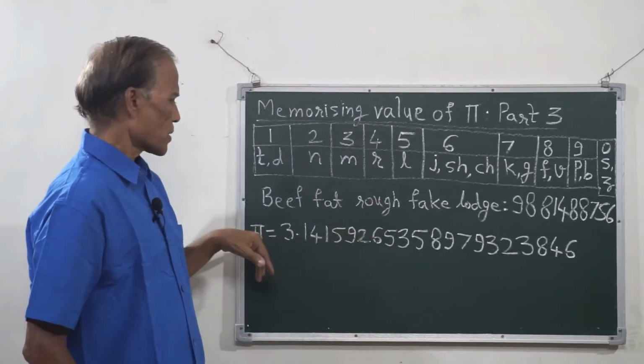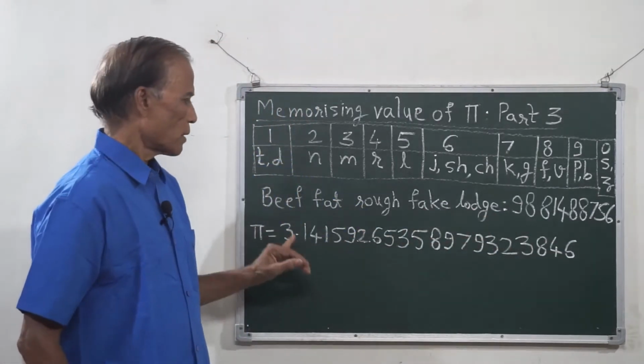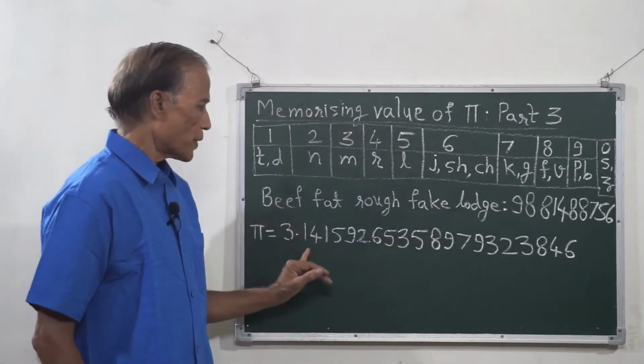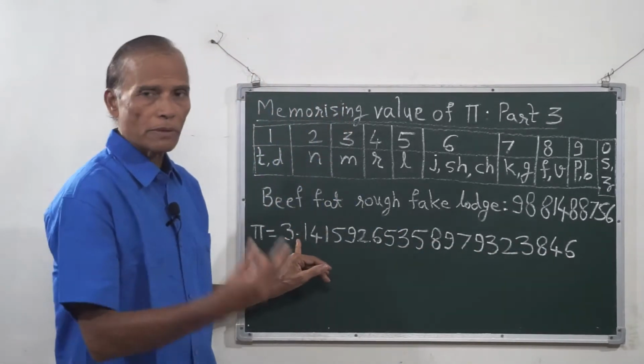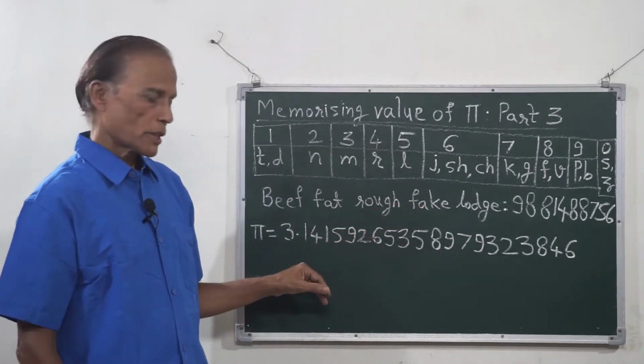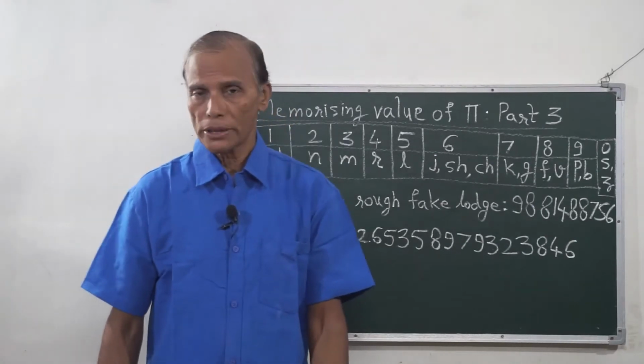I have written here some digits of pi. These are 20 decimal places, meaning there are 20 digits after the decimal point. So totally these are 21 digits, and the text for that I will suggest now.